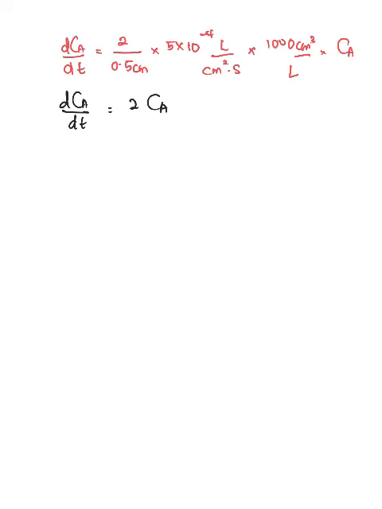Okay, now we can solve the integration. So dCA per Ca equal to 2 dt. Then you need to integrate it from Ca to Ca naught. Why from Ca to Ca naught, not Ca naught to Ca?